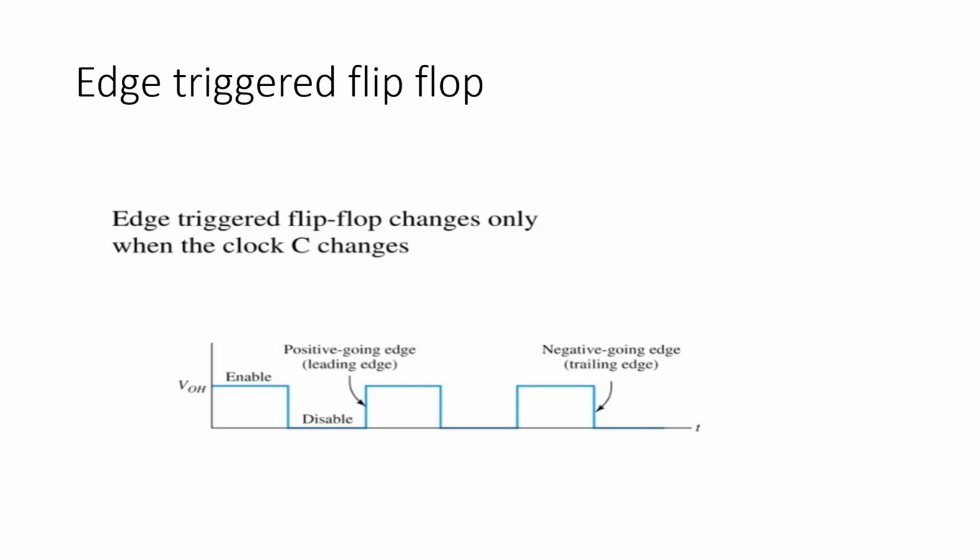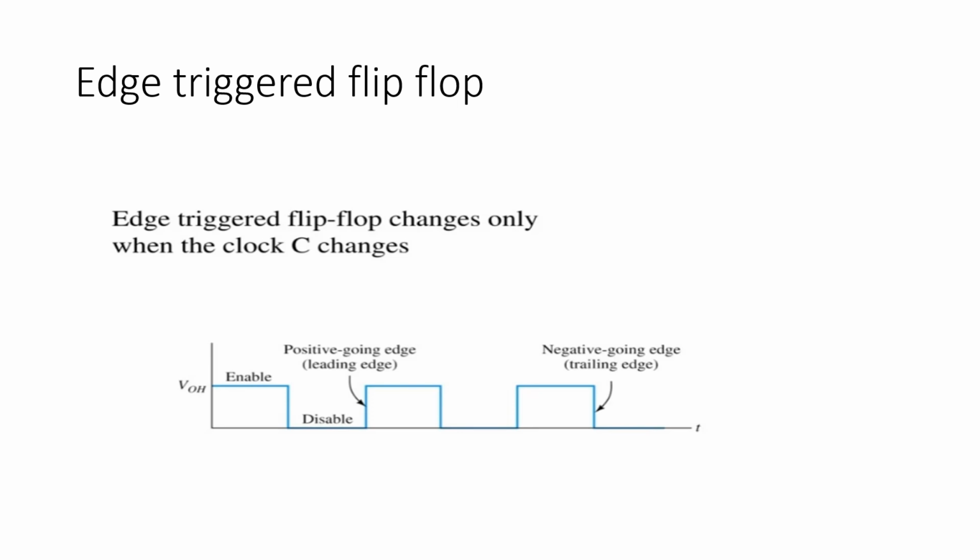Positive edge is called a rising edge, whereas the negative edge is called a falling edge. The benefits of edge triggered flip-flops are accurate timing, reliable operation, and it prevents repeated changes during one clock pulse.